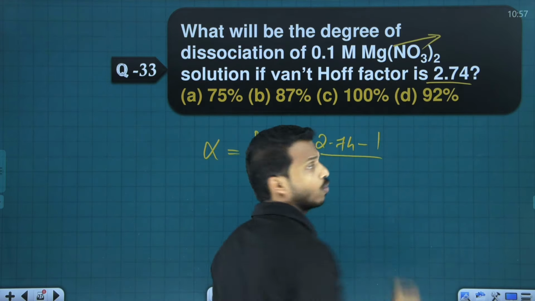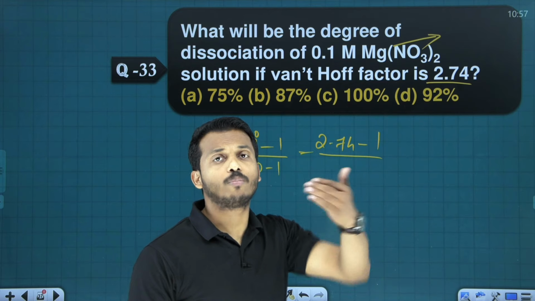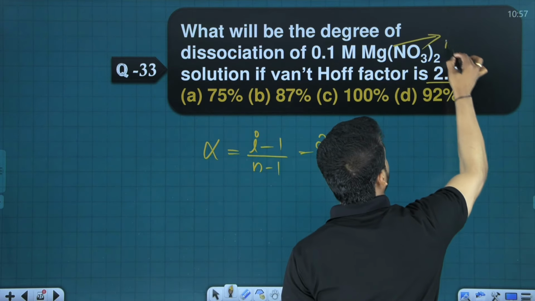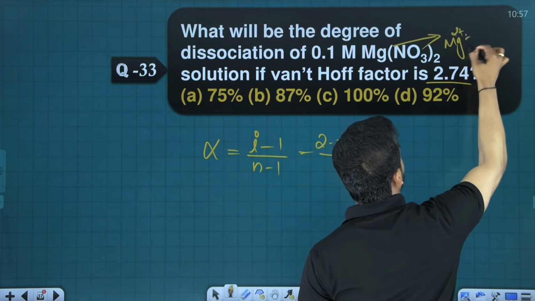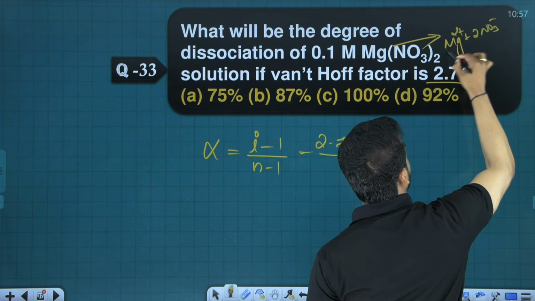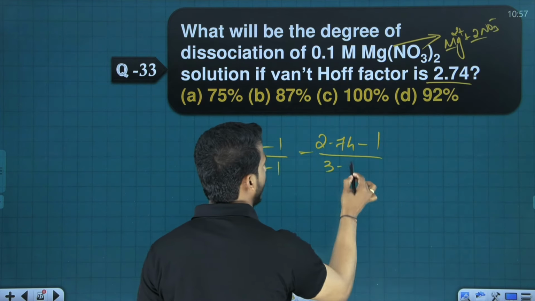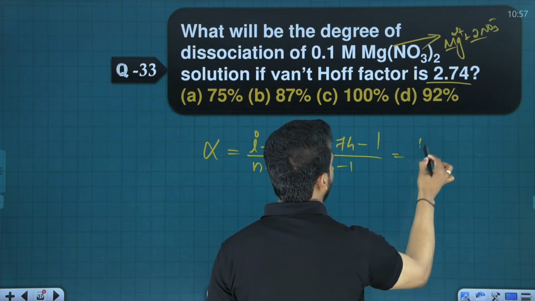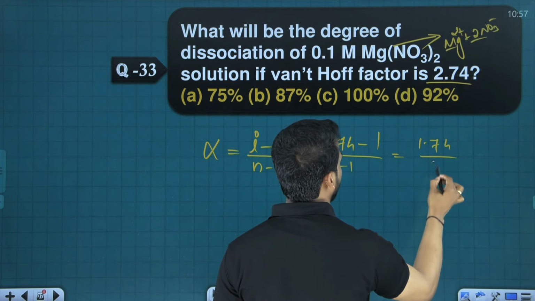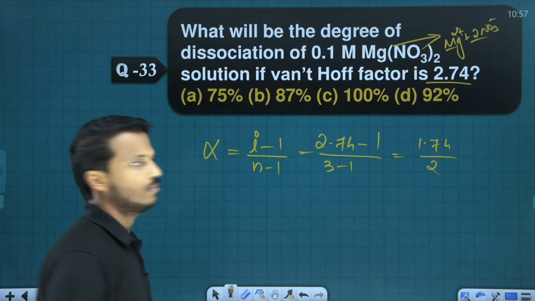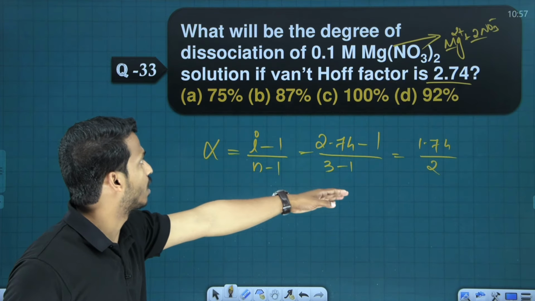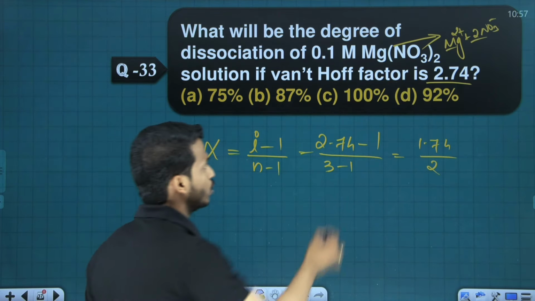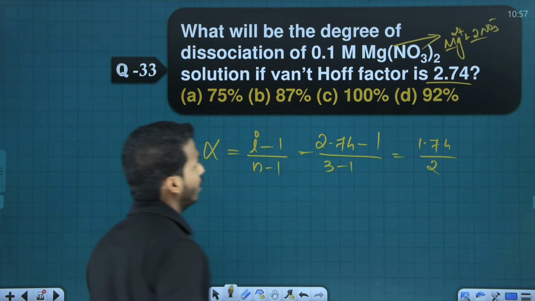How many ions are given by the species? Mg(NO3)2 gives Mg2+ and 2 NO3 minus, total 1 plus 2, 3 ions. So 3 minus 1. So 1.74 divided by 2, that is the value, and the final answer we will calculate in percentage. So you divide by 2 and how much do you get?